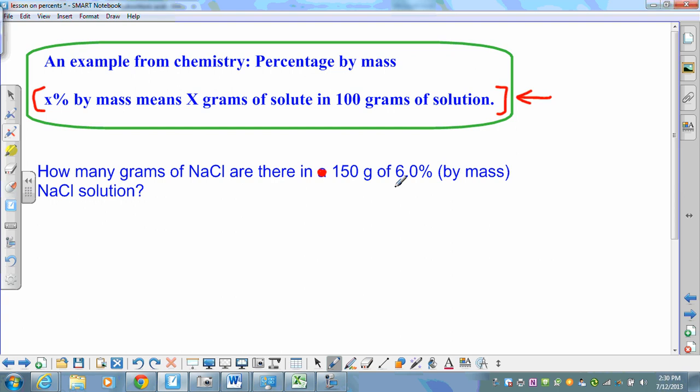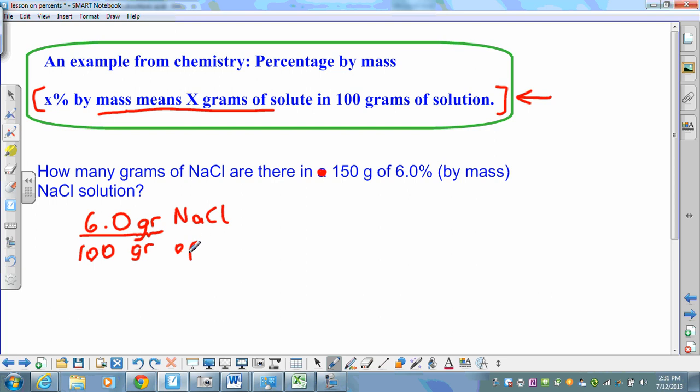So 6% by mass, based on this interpretation, means 6 grams of sodium chloride per 100 grams of solution. Okay. And we happen to have 150 grams of solution.